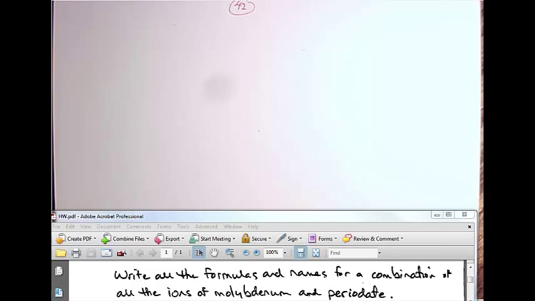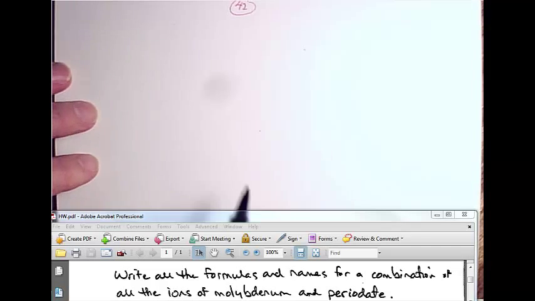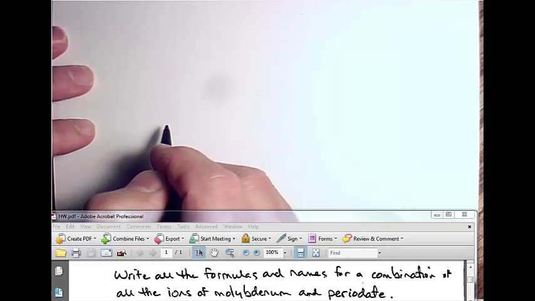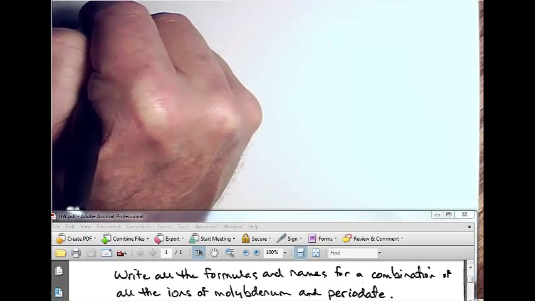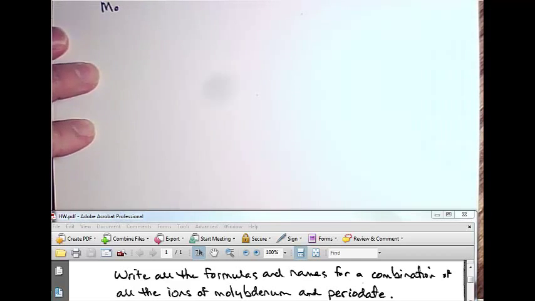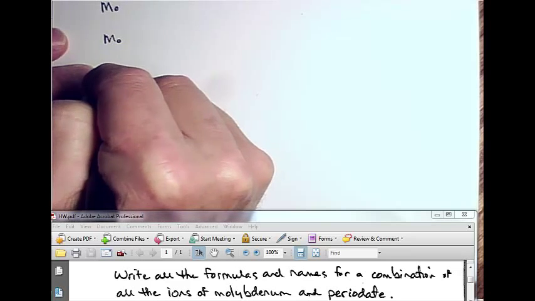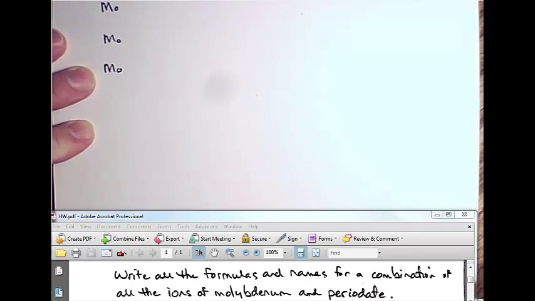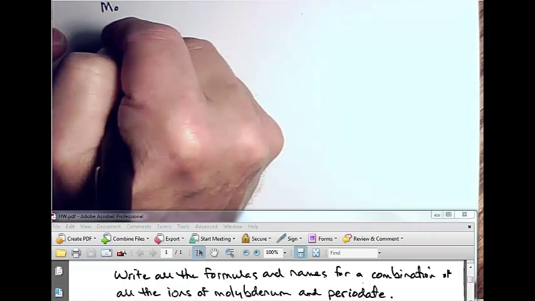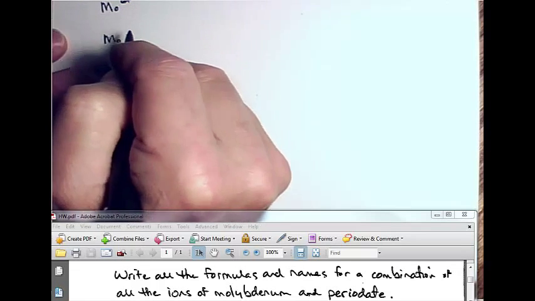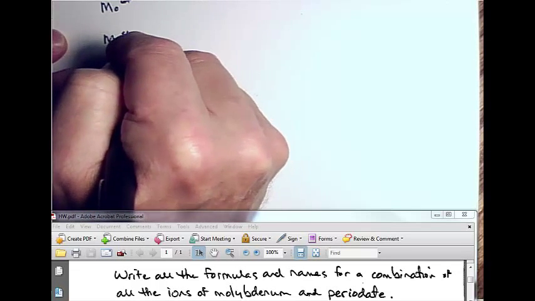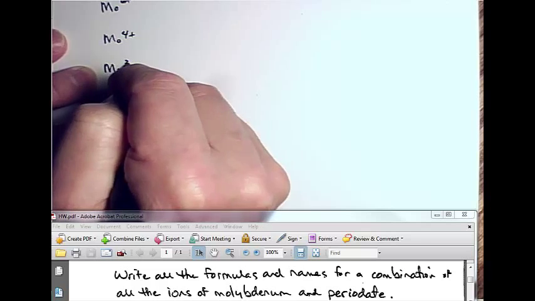All right, so problem number 2 is to write all the formulas and names for a combination of all the ions of molybdenum and periodate. Molybdenum is one of the 3 stooges. There are 3 different oxidation numbers for molybdenum: 6 plus, 4 plus, and 3 plus.